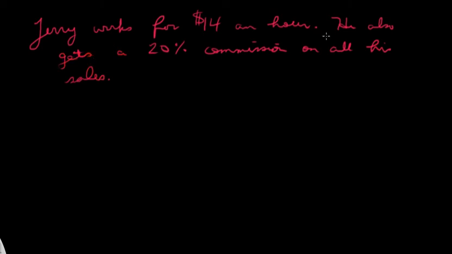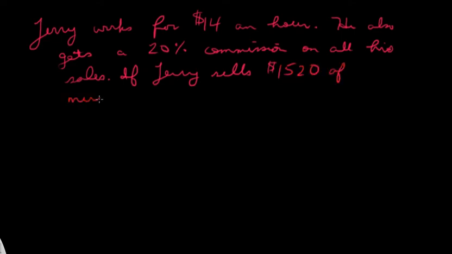So first of all, we need a question. The question is, if Jerry sells $1,520 of merchandise, which is just a fancy way of saying stuff in a store, how much is his paycheck?